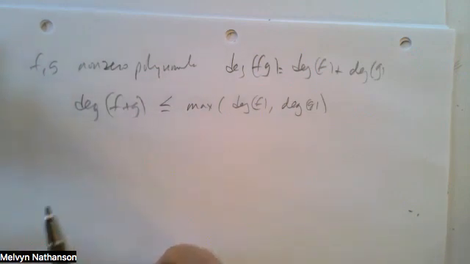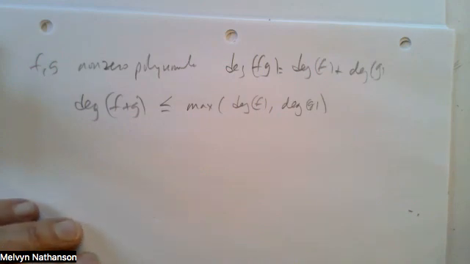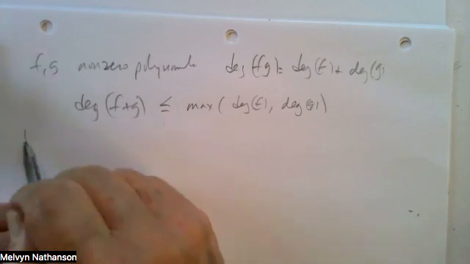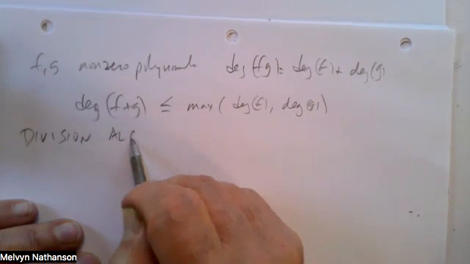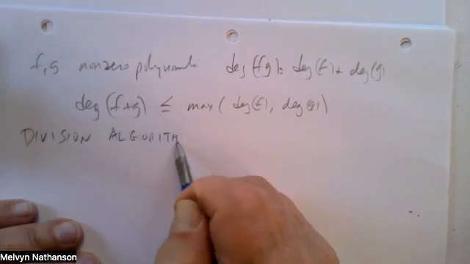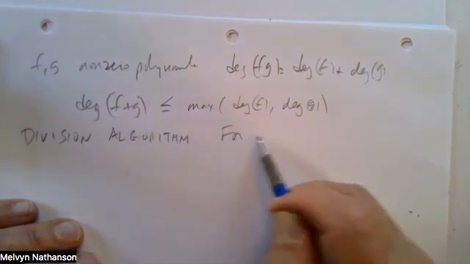The basic result about polynomials: it's easy to add, subtract, and multiply them. But just as for integers, there is a division algorithm for polynomials.